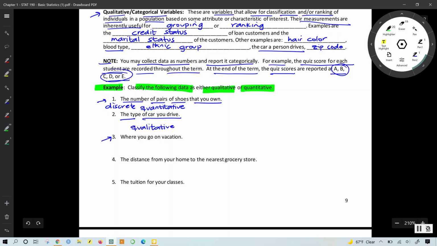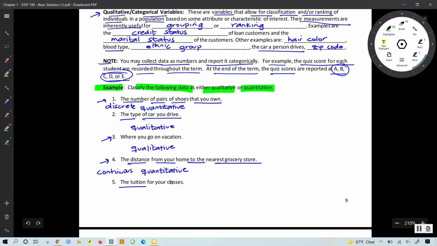Then, where you go on vacation, that will be qualitative because it will categorize those who go to a particular location away from others. Then question 4, the distance from your home to the nearest grocery store, that would be quantitative because you'll be measuring it, and that makes it a continuous quantitative variable.